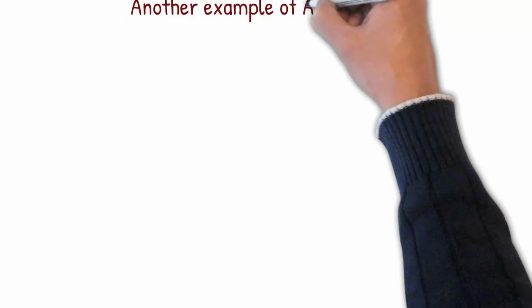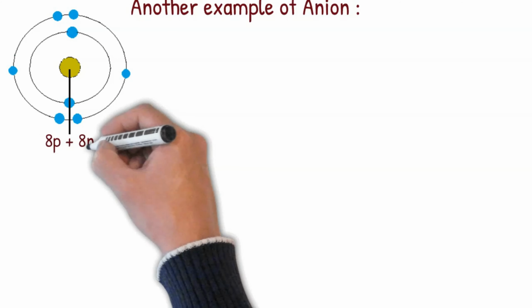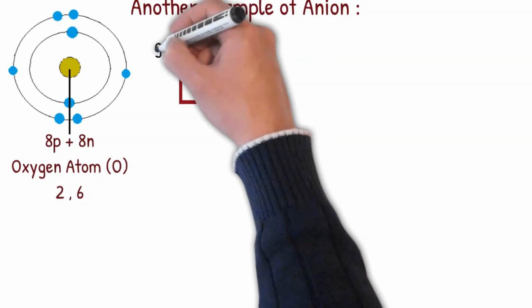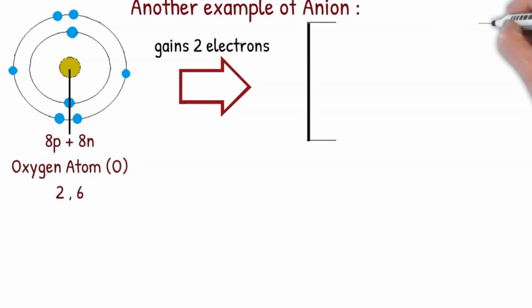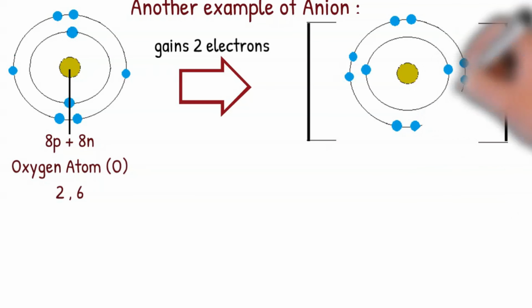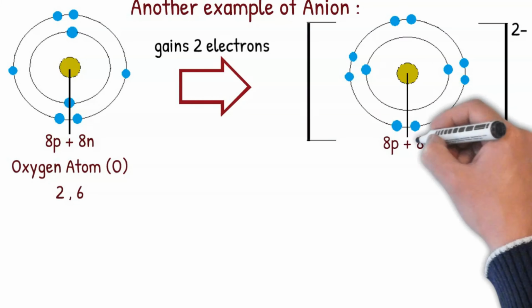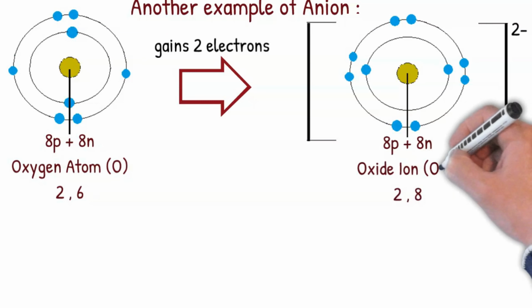Another example of anion. The nucleus of the oxygen atom has 8 protons and 8 neutrons, its electronic configuration is 2, 6. Oxygen gains 2 electrons. It becomes an oxide ion. As oxygen has gained 2 electrons, its electronic configuration is 2, 8.